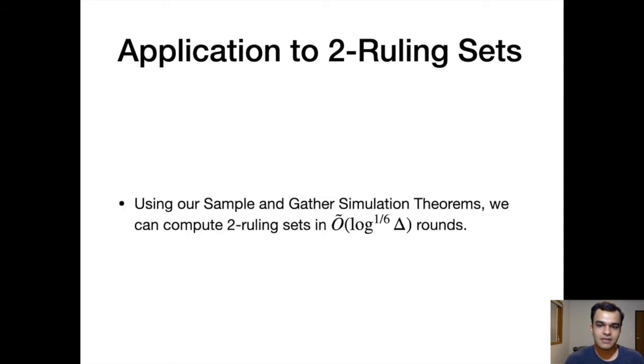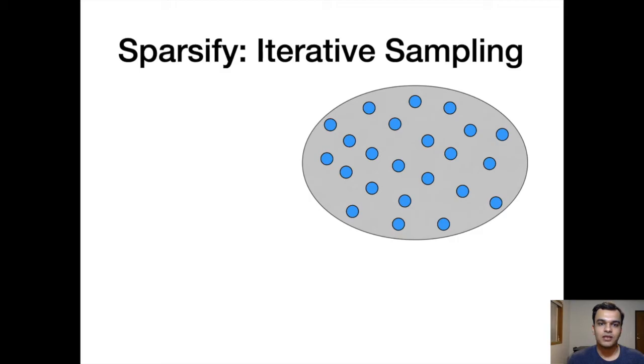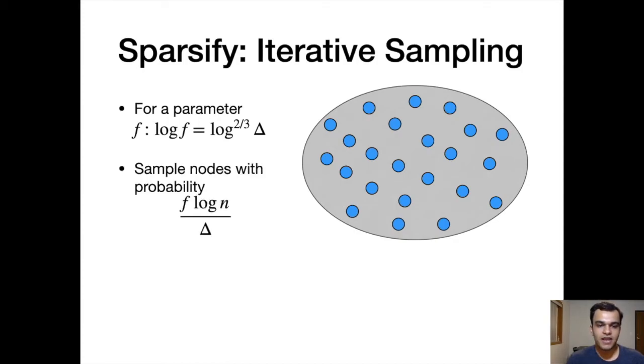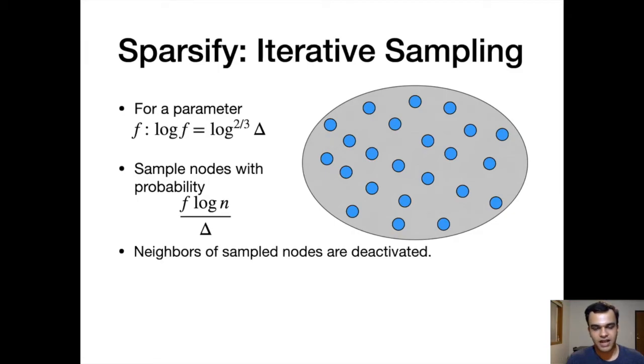For two ruling sets, we can use our simulation theorems to get an O of log delta raised to 1 over 6 round algorithm. This algorithm is done by using an algorithm called Sparsify, which is due to Bisht, Kothapalli, and Pemmaraju, where in this algorithm, for a parameter f, we sample nodes with probability f log n over delta, and the neighbors of the sampled nodes are deactivated.